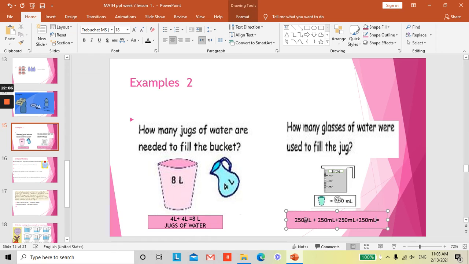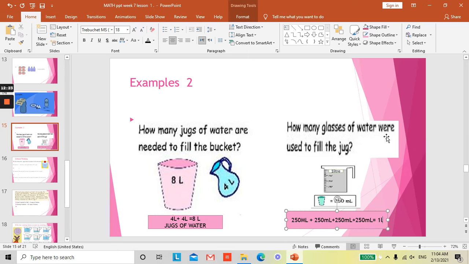This is 4: 1, 2, 3, 4. It's the same as 1 liter.